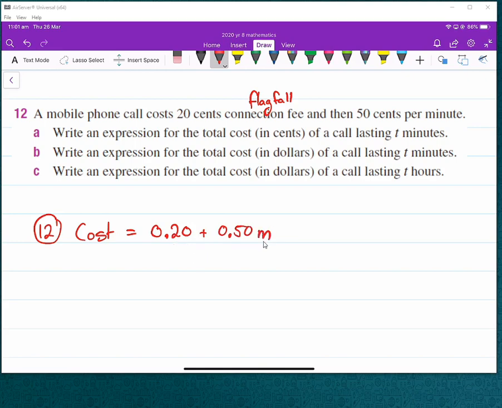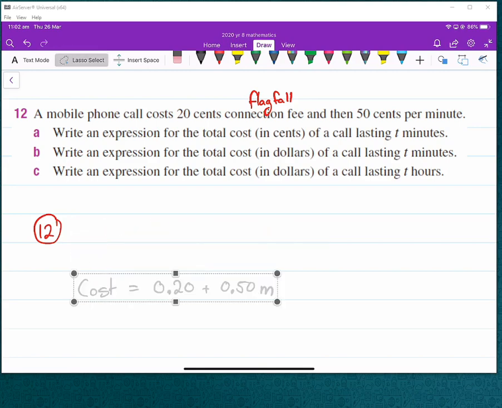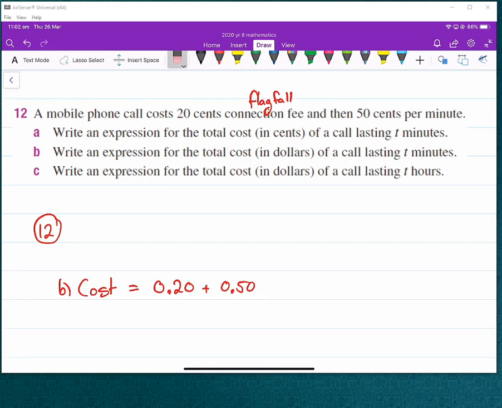So I could even say where M is the minutes that you've talked for. Okay, there you go. I should have read this question just here. The total cost, I've just answered the question, find the total cost in dollars for a call lasting T minutes. So I've just done B there. So I'll move that down. This is B, given that instead of M, we've got T for time.